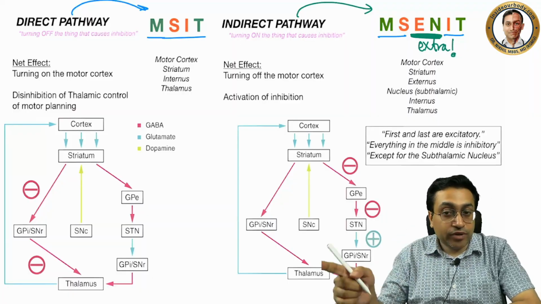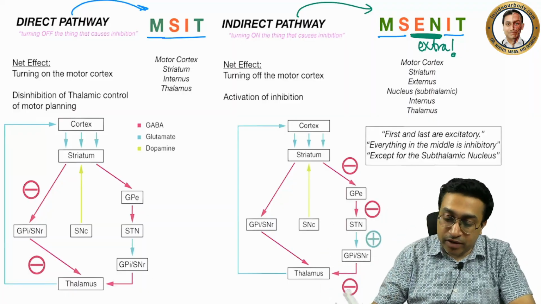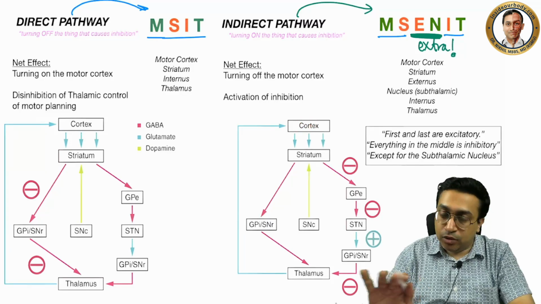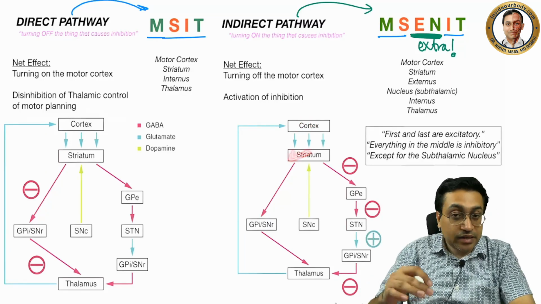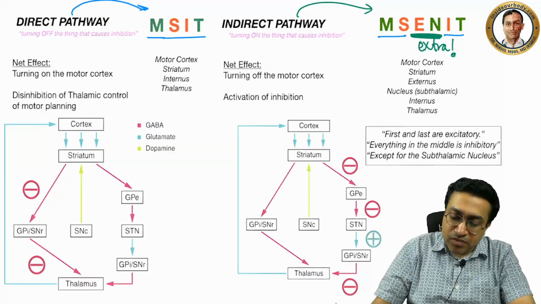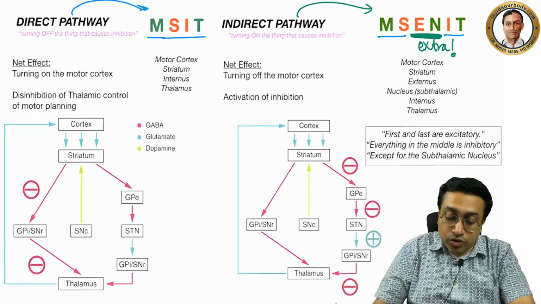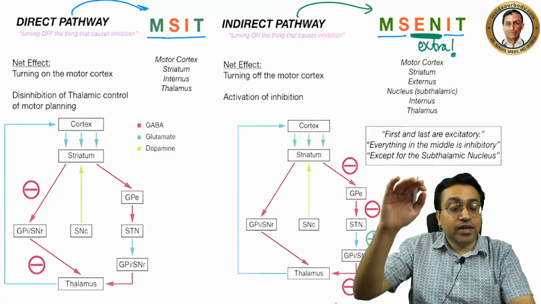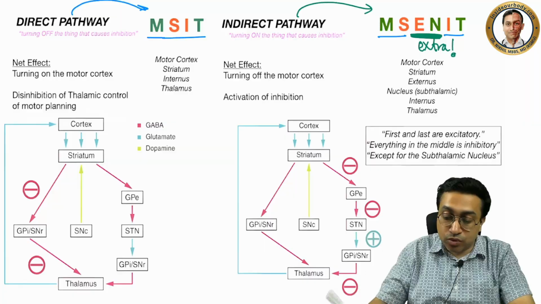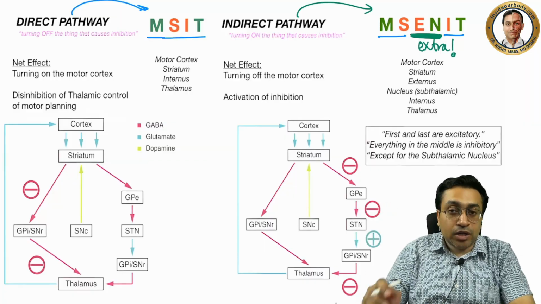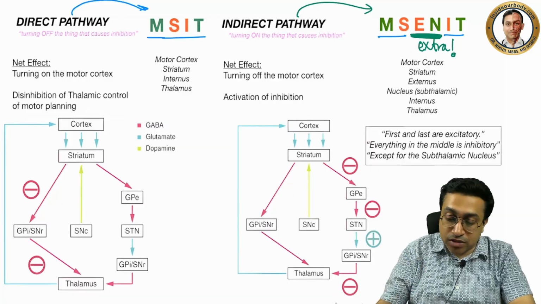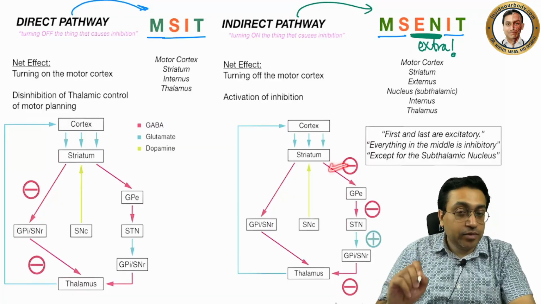See the opposite scenario in the indirect pathway. The cortex again stimulates the striatum via glutamate. The striatum increases its production of GABA. GABA is inhibitory, so GP externus is inhibited. GP externus has to secrete GABA, but GABA is formed less because of the inhibition in this region.